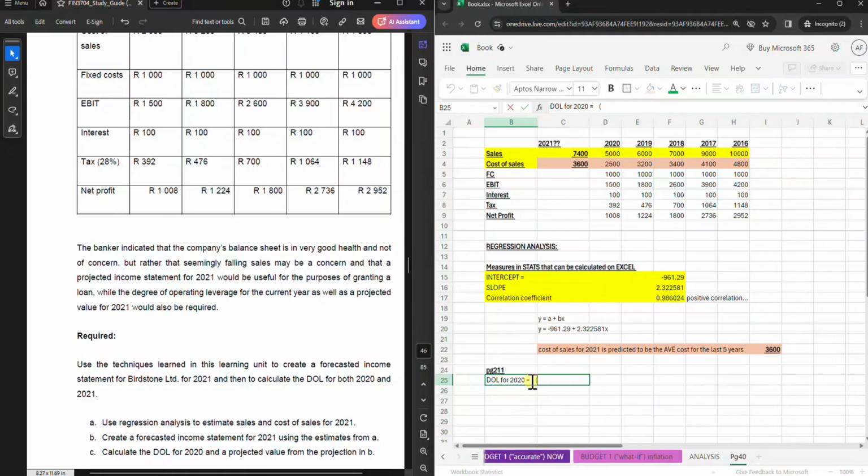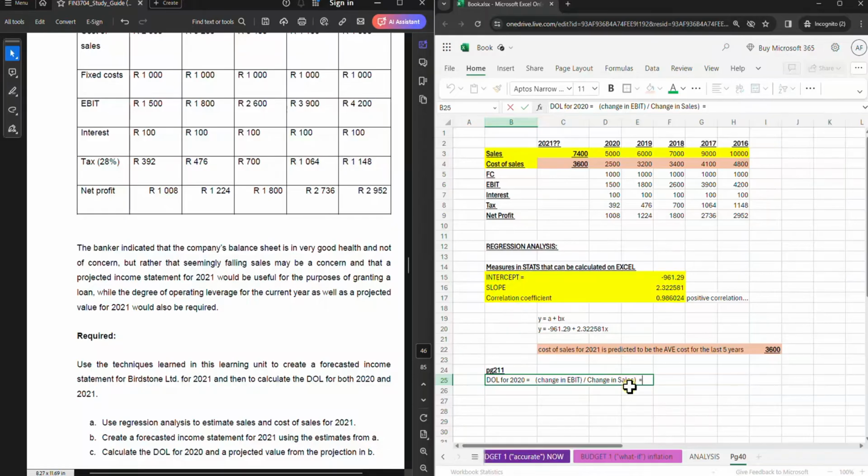No, it's the change in EBIT divided by change in sales. Sorry, I was reading it wrong. Yes, you've got it right: change in EBIT divided by change in sales.